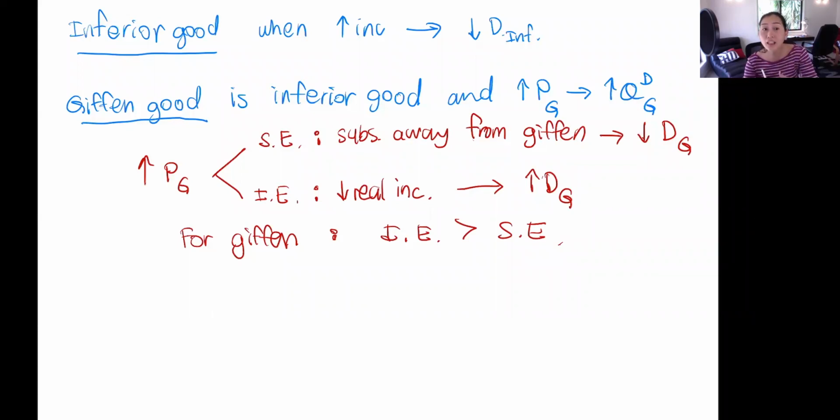We'll discuss whether it is possible to have inferior input and Giffen input in the input market on the producer side. So this is the consumer side, and we understand that.